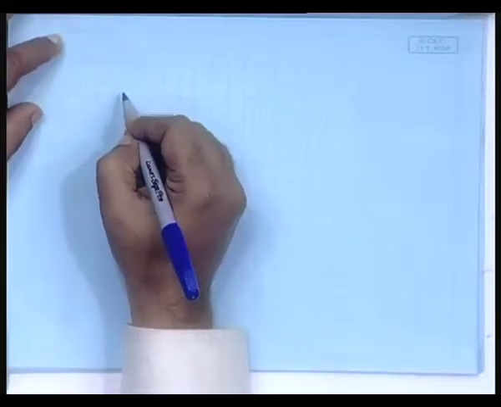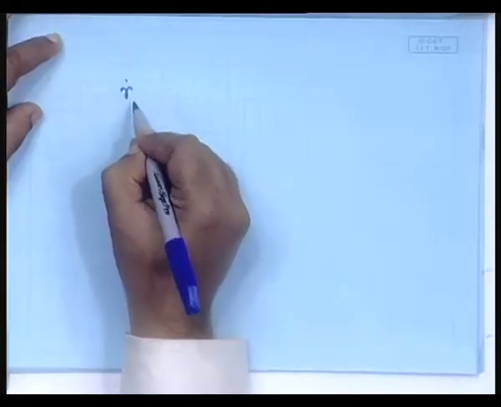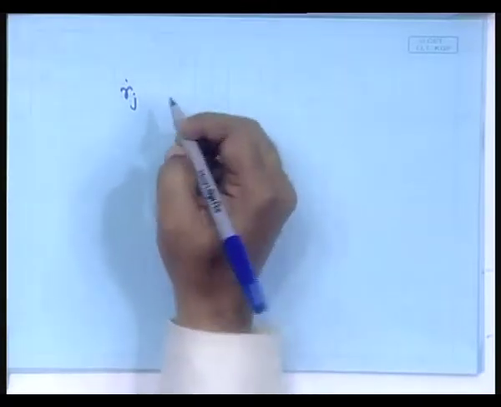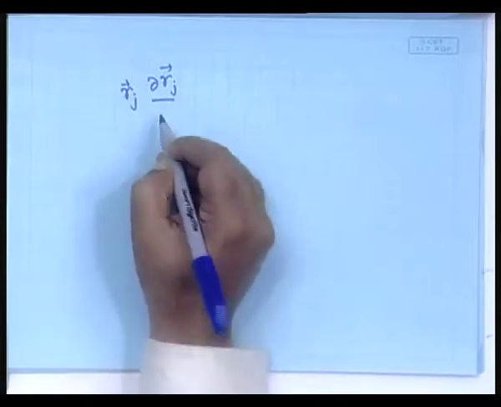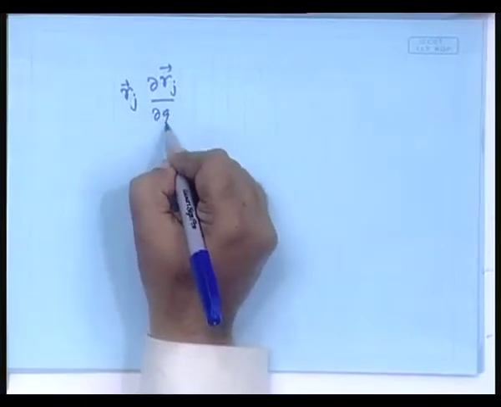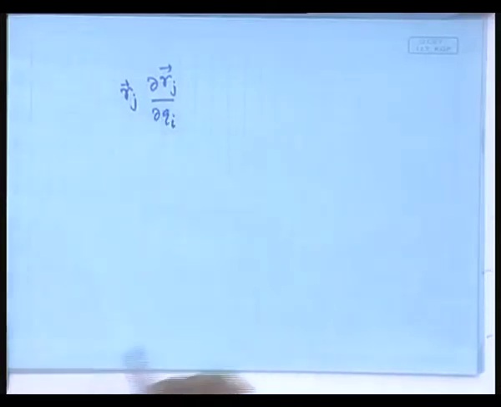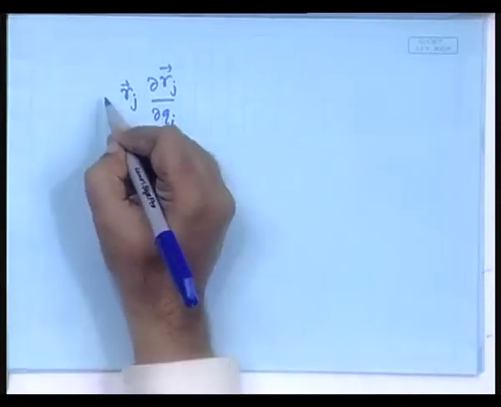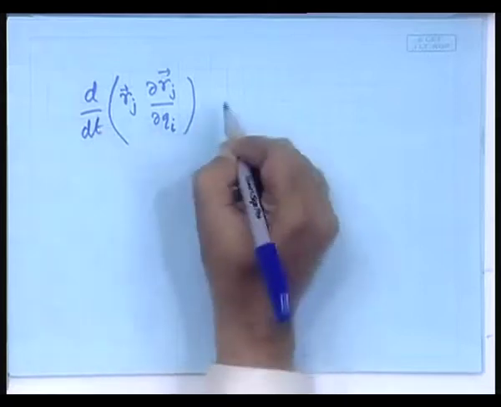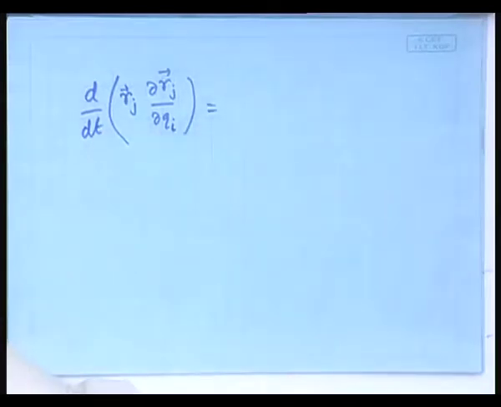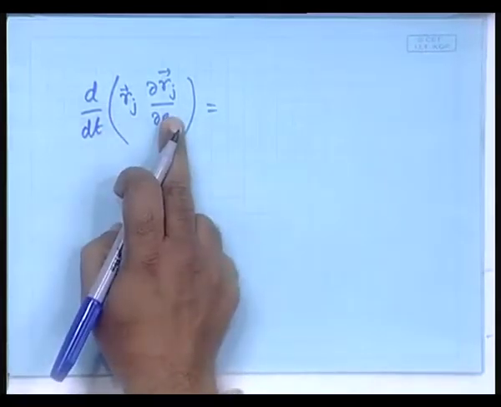First, suppose we take r dot j times the derivative of r j, these are all vectors. Suppose we start with this term and take d by dt of this. Can you do it? There are two terms here.